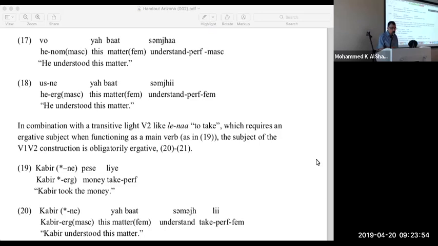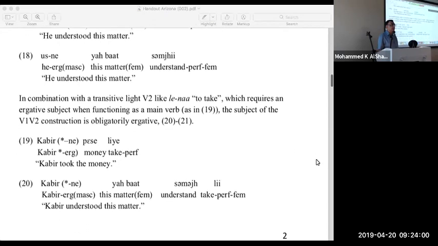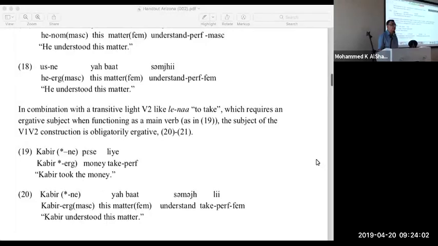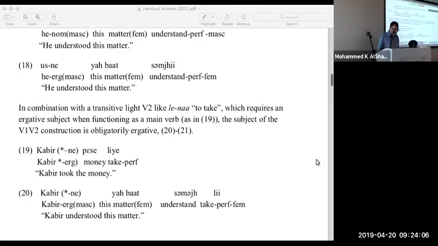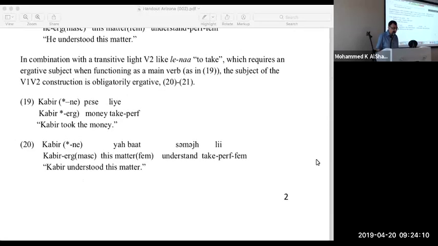So what I do is add a light verb to understand and make sure that the light verb is not exceptional. That light verb requires an ergative subject, shown in 19: Kabir ne paise liye, Kabir took the money. You have to have the ergative. So liye is a standard transitive verb that in the perfective must have an ergative subject.